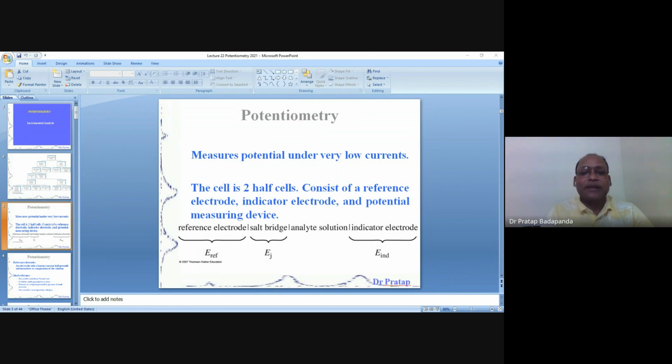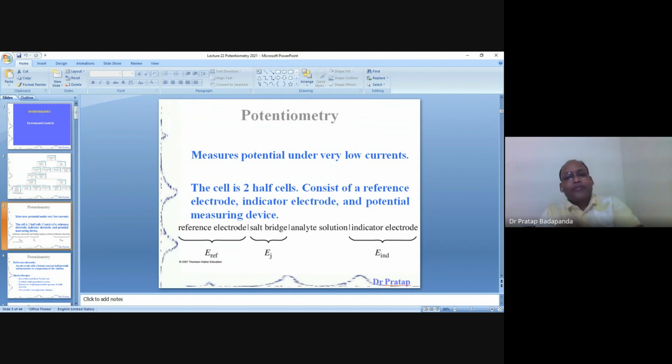The potentiometric cell is two half cells, consisting of three things.